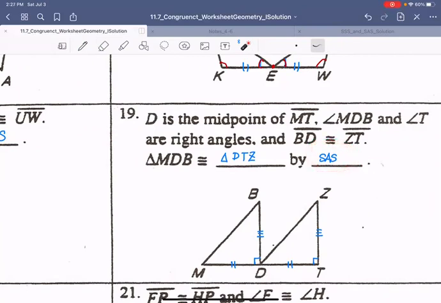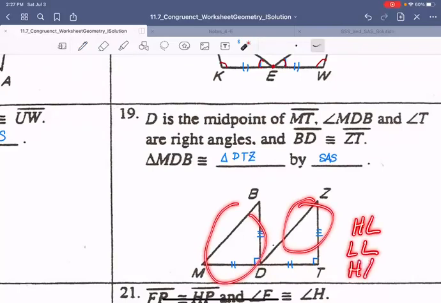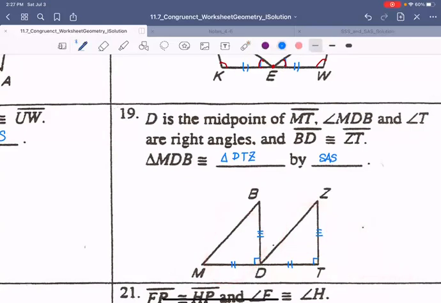Wait, this is a right triangle. Who else can you use? HL, LL. Yes, LL, that's right. Okay, very good.